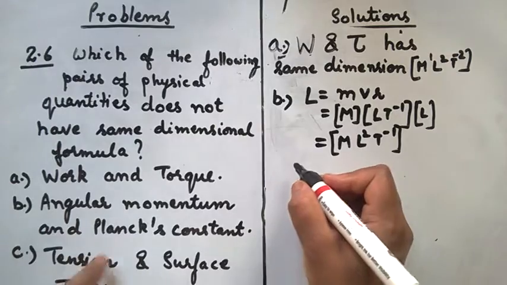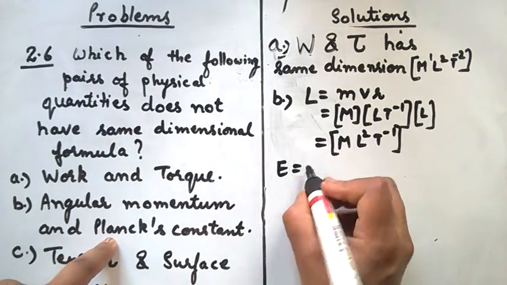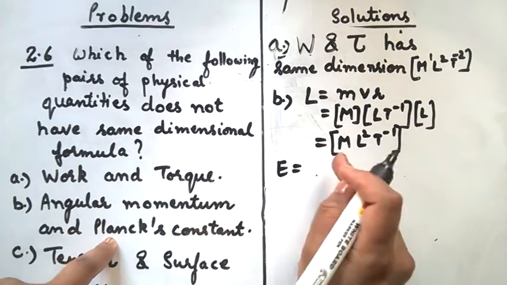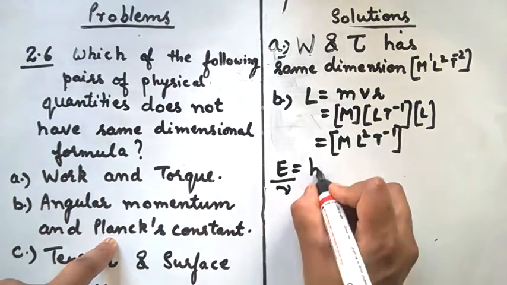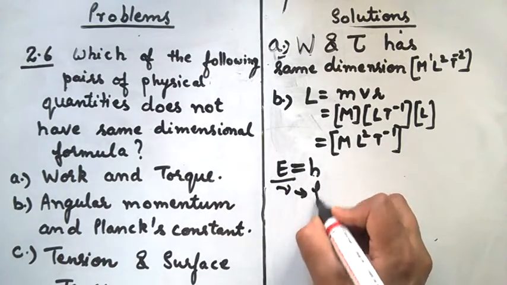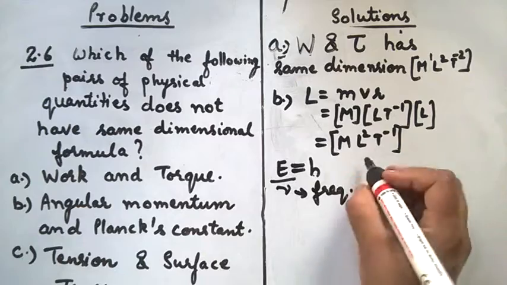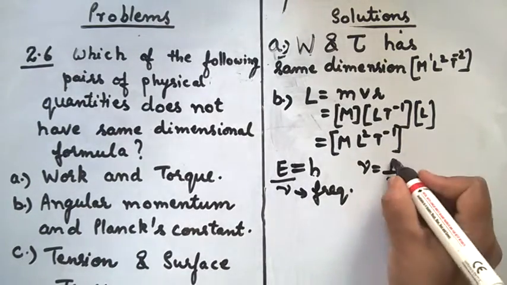Next is Planck's constant. Planck's constant is given by E is equal to h nu, so h is E by nu, where nu is a frequency. Nu is the reciprocal of a time period.